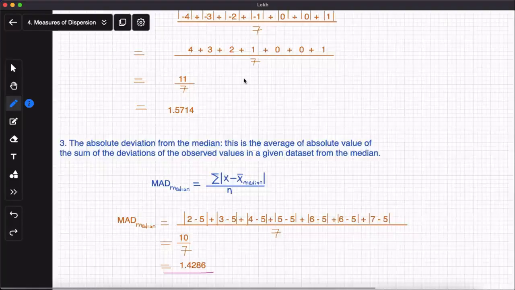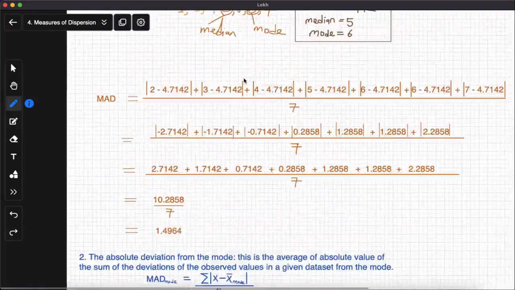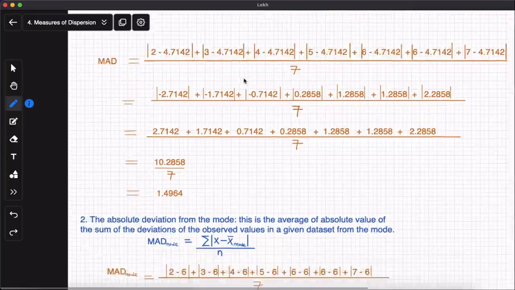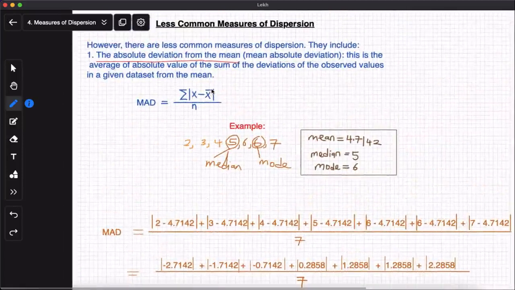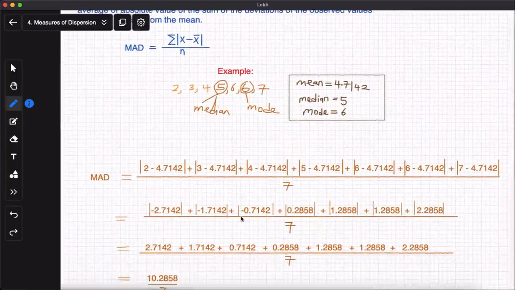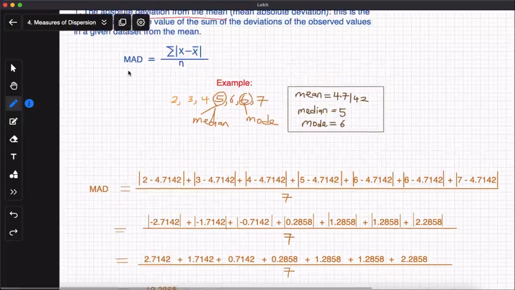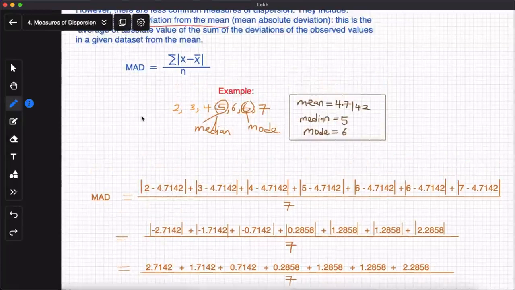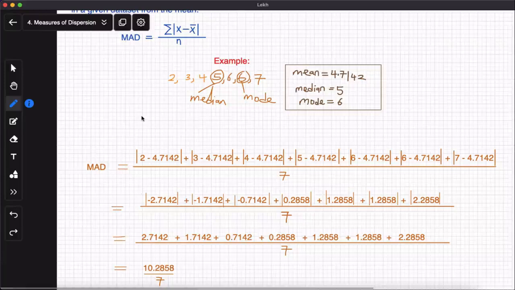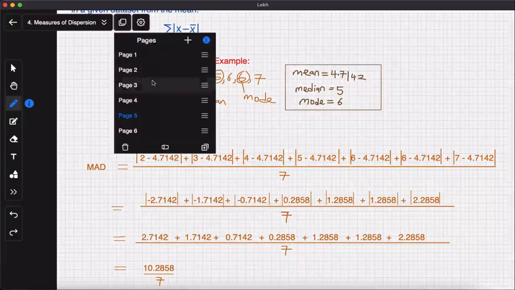All right, but in literature, this is what you see: the absolute deviation from the mean. That's what is common. That is what is actually ideal. But in some situations, if you want to use the median or mode, it's possible.